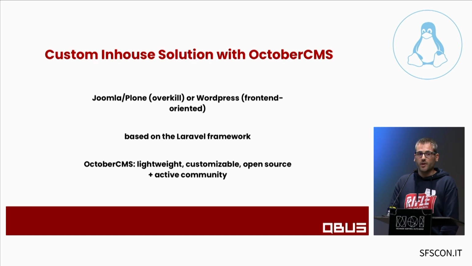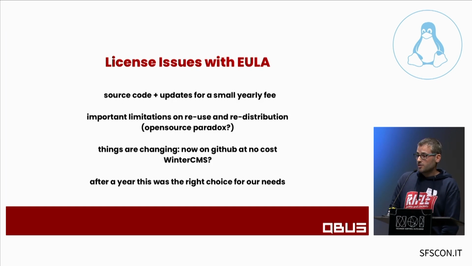So we wanted to work with something based on the Laravel framework, since I had a little bit of experience with that, and I liked the ease of use and flexibility. So in the end, we decided to go with October CMS, which is very lightweight, customizable, open source, and has an active community behind it. To access the source code of October CMS, you have to pay a small fee, which we were okay with, since we believe in supporting small teams and small projects.